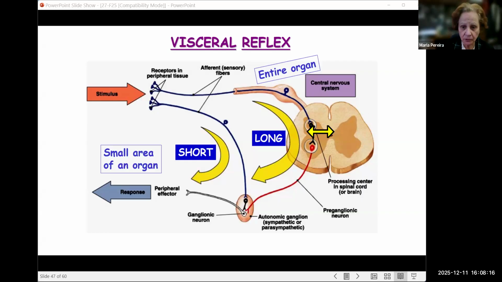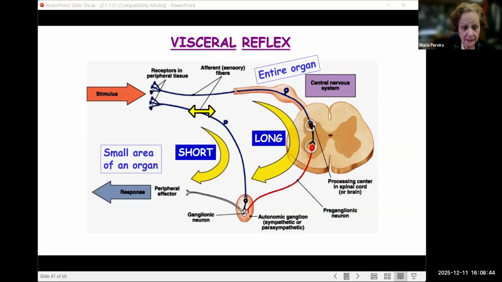So there's no input from higher centers in the brain. But there's also a shorter version which bypasses the action potential being conducted to the spinal cord. This is in very emergency situations where you need a very quick response. So you bypass the spinal cord.